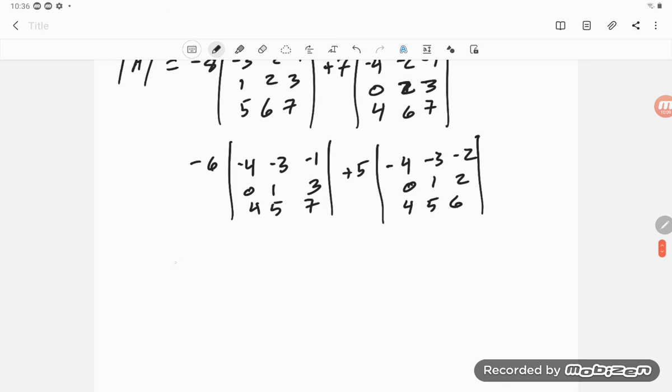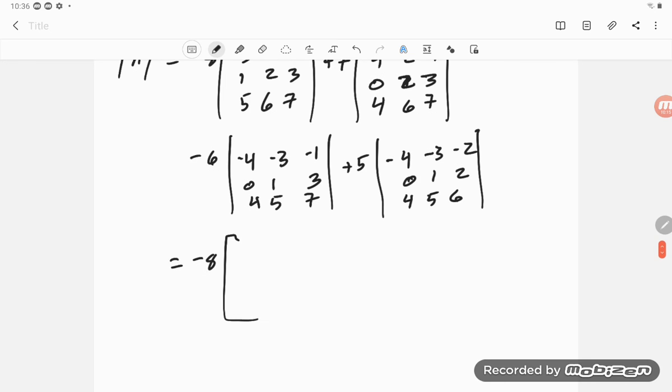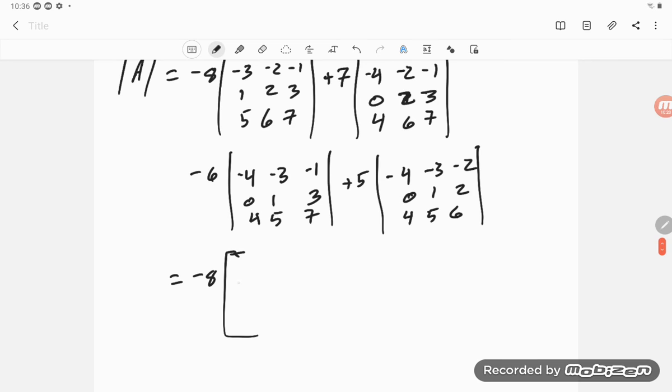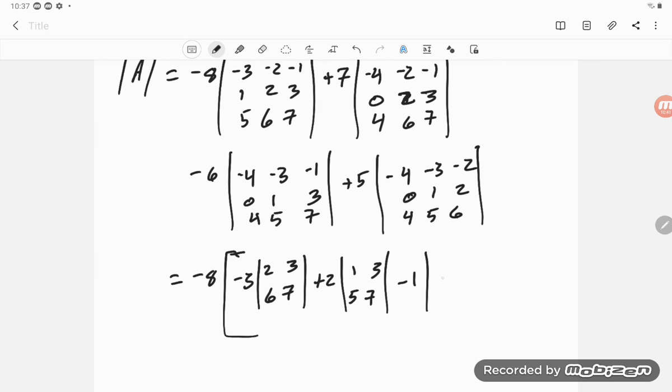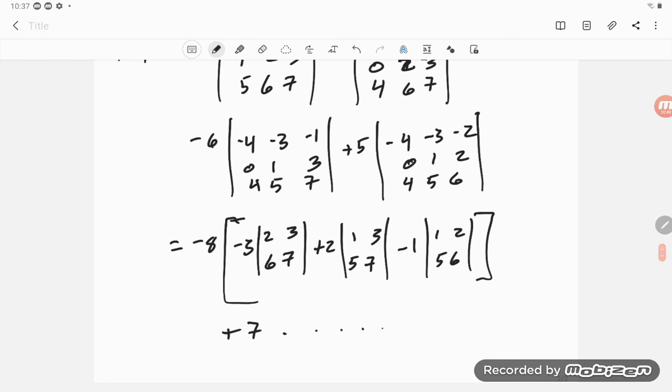So then that is equal to the negative 8 times, and I'm just going to work with the negative 8 here: negative 3 times the determinant of 2, 3, 6, 7, plus 2 times the determinant of 1, 3, 5, 7, and minus 1 times the determinant of 1, 2, 5, 6, and then plus 7 dot dot dot.